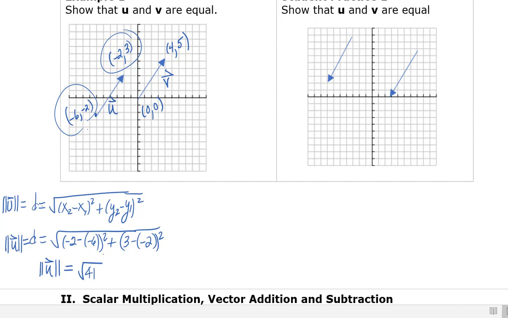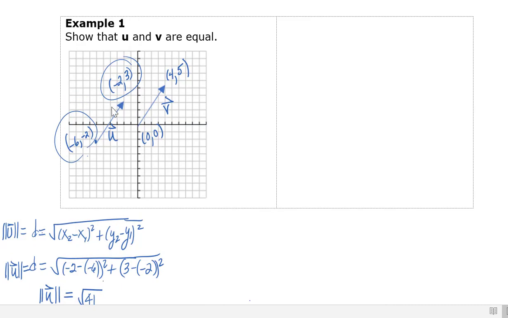Now I'll find the slope of that vector just using the slope form. Since both of the vectors are pointing up and to the right, if their slopes are the same, then we know we have the same direction.